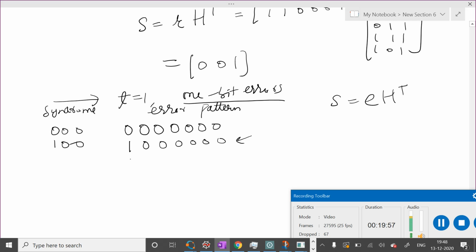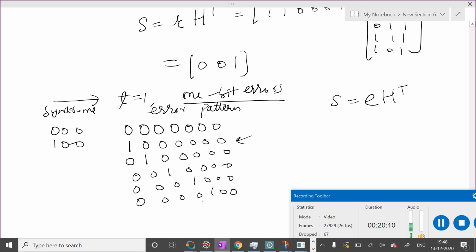Then the other possibility is that the second bit is in error, third bit is in error, fourth bit is in error, fifth bit is in error, sixth bit is in error, or seventh bit is in error.